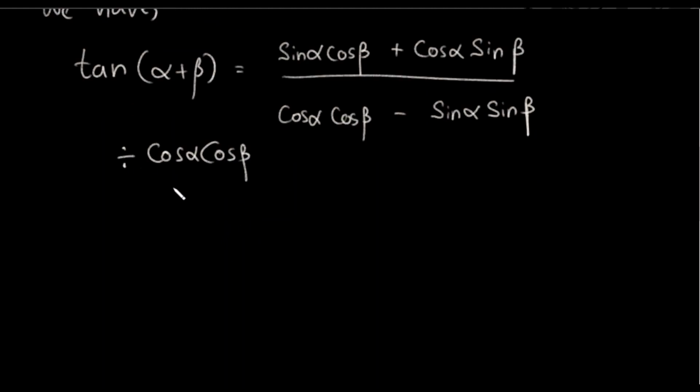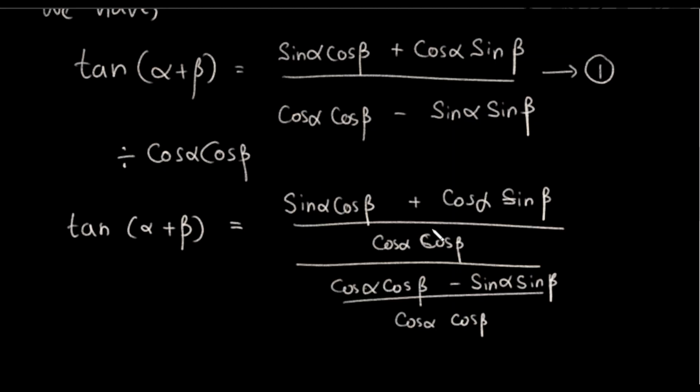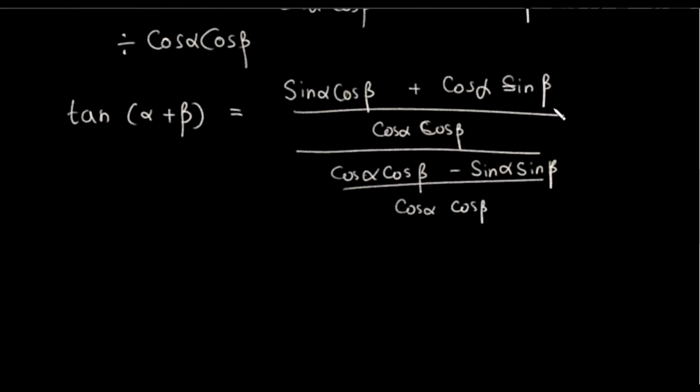Now we are going to divide this whole equation, both numerator and denominator, by cosine alpha times cosine beta. When we divide, we'll have an expression like this.